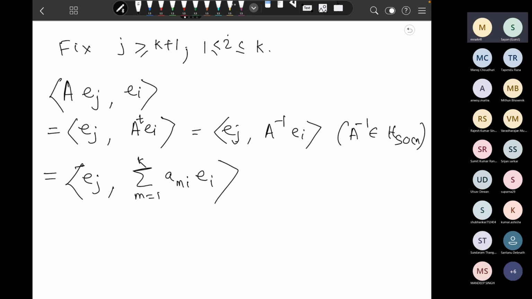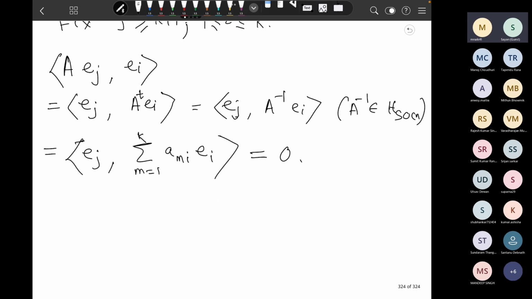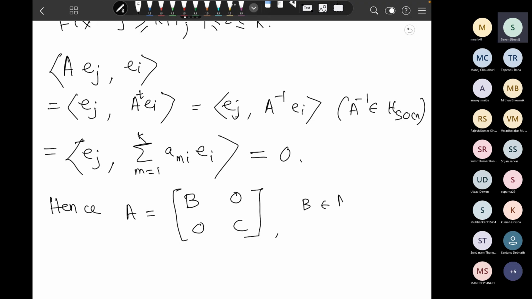But j is greater than or equal to k plus 1, so this will be 0. Hence A is of the form B 0 0 C, where B is a k cross k matrix, B belongs to M_k and C belongs to M_{n-k}.